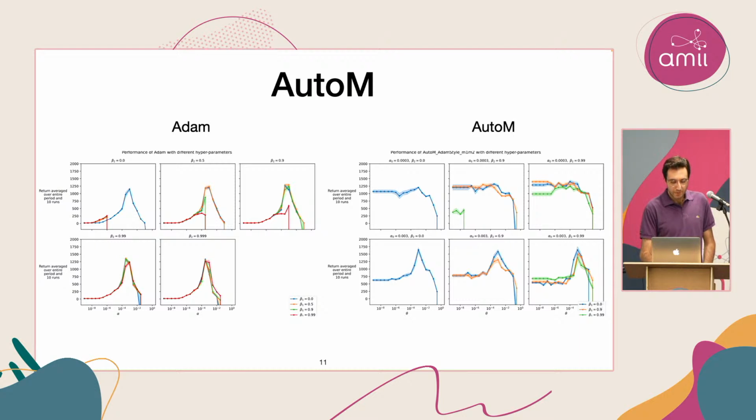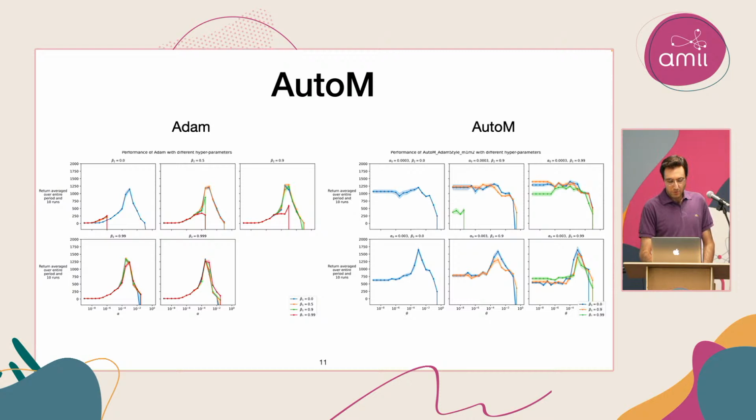And then for each hyperparameter setting, you can see that the step size around 3 times 10 to the negative 4 seems to perform best, regardless of beta 1 and beta 2. And the curves that are not showing up, like the red one at the top left, are those cases where beta 1 was much larger than beta 2.